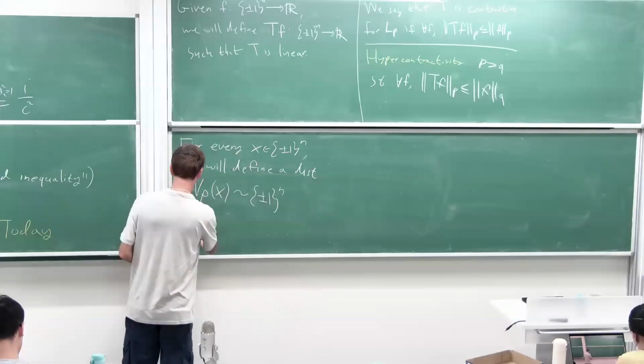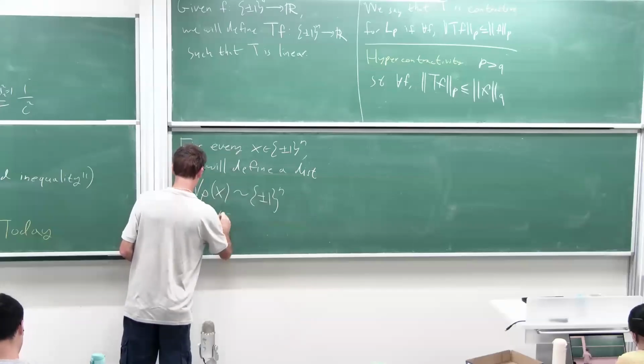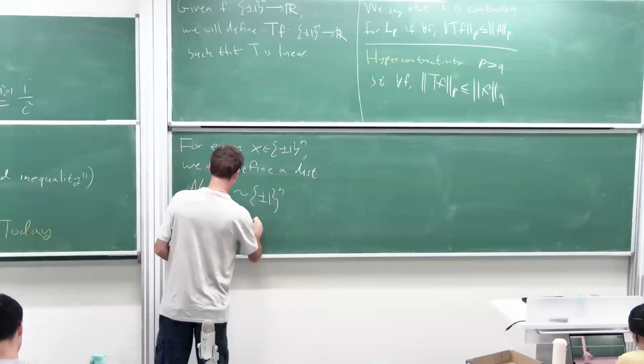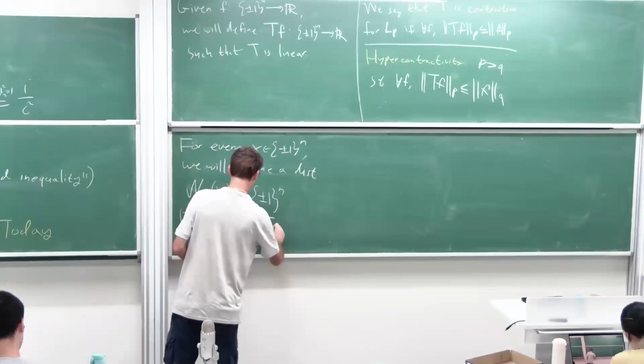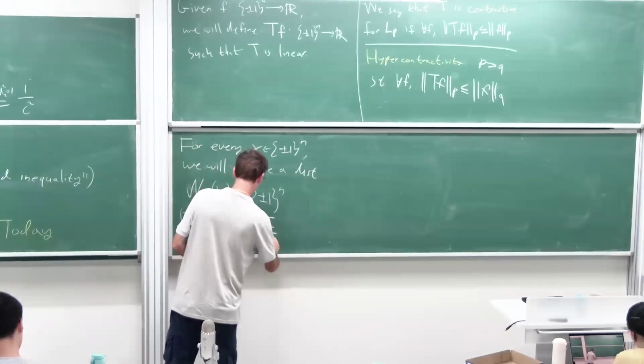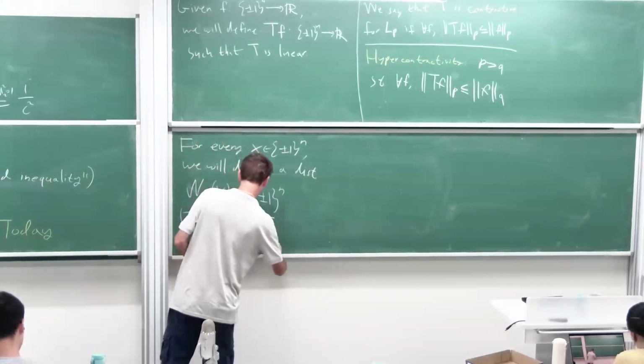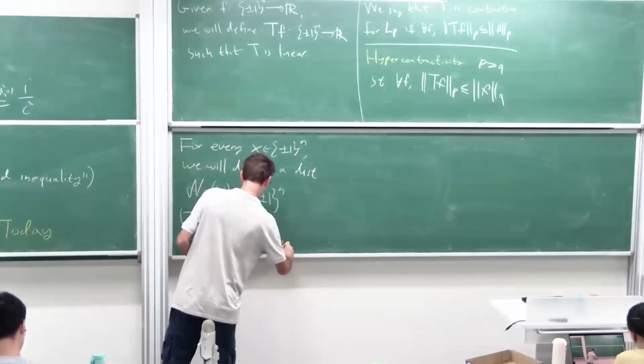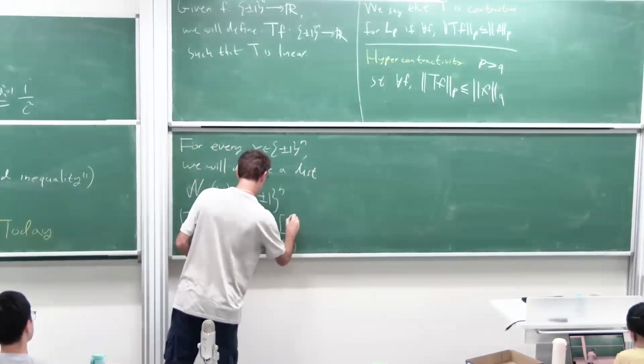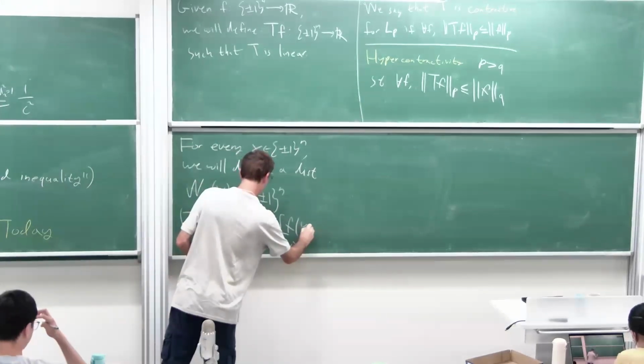And then we define T_rho of f at the point x as the expected value of f(y), where y samples according to this new N_rho(x).